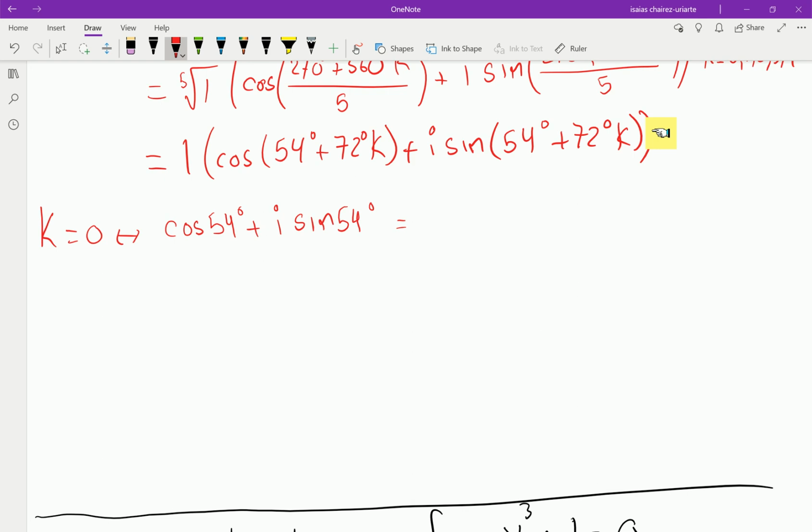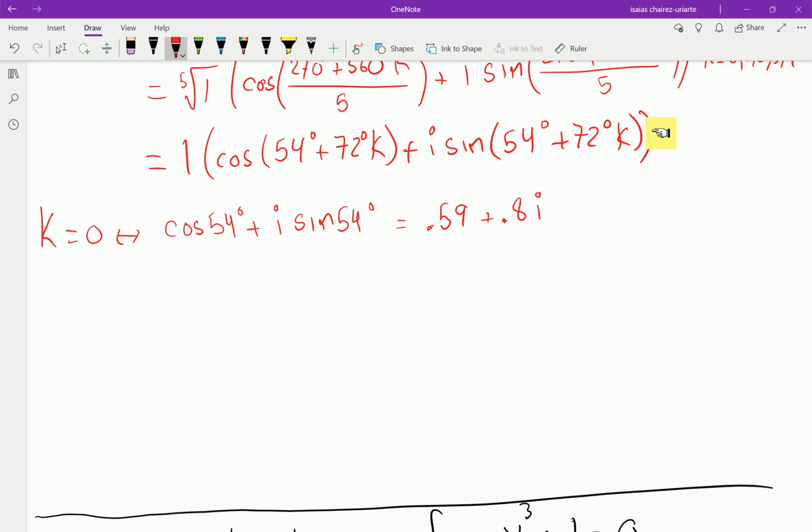Cosine 54, rounding to the nearest hundredth, is 0.59, and sine of 54 is 0.81.